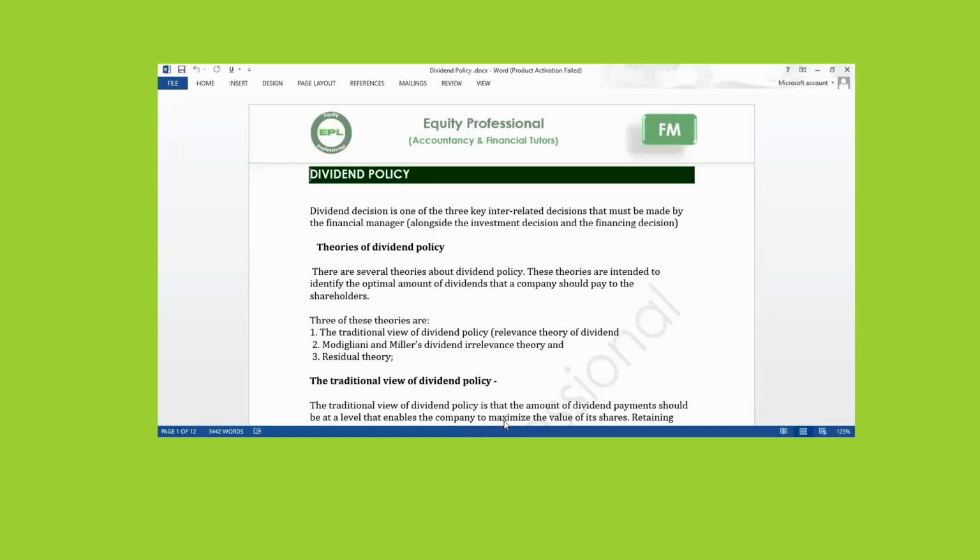As a finance manager, you should be able to evaluate the financial viability, the financial feasibility of an investment project.